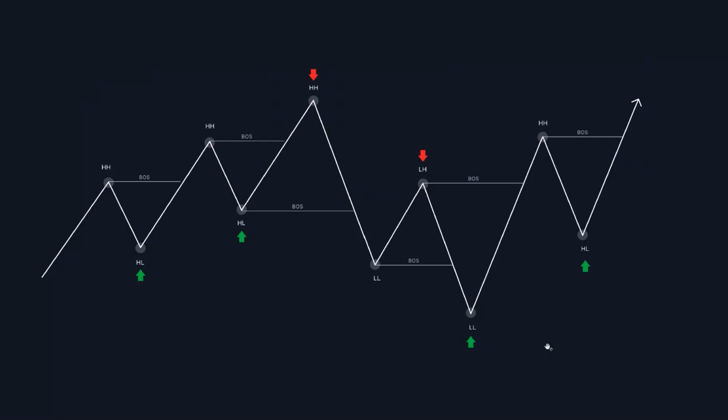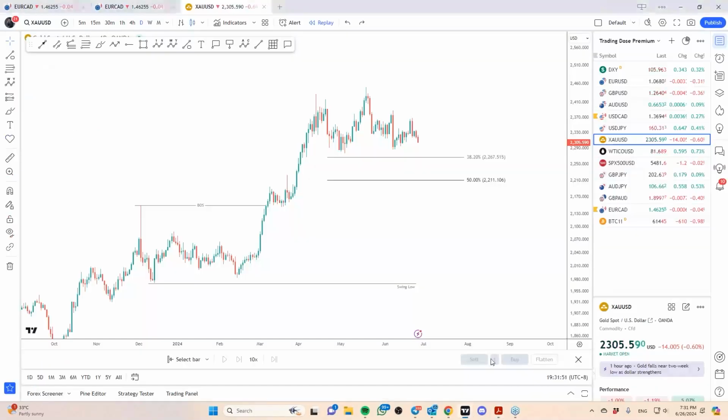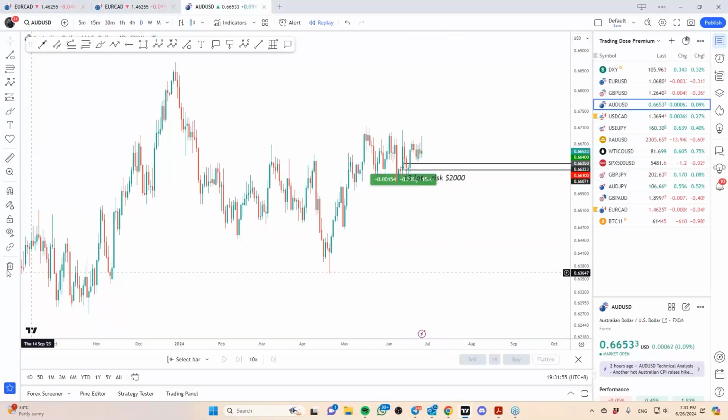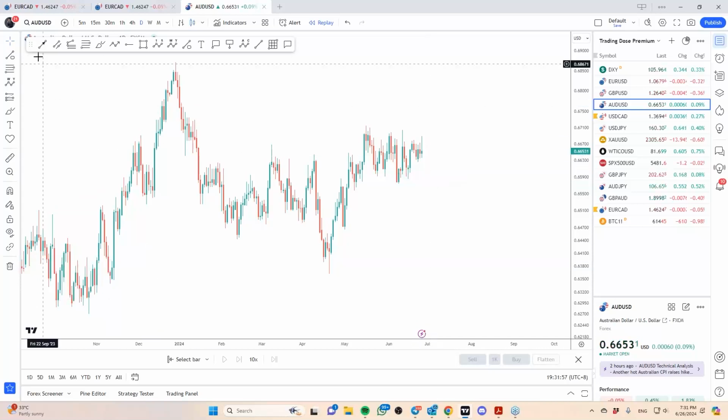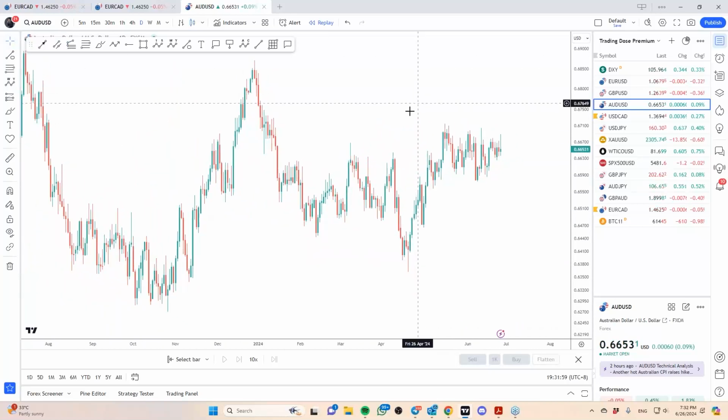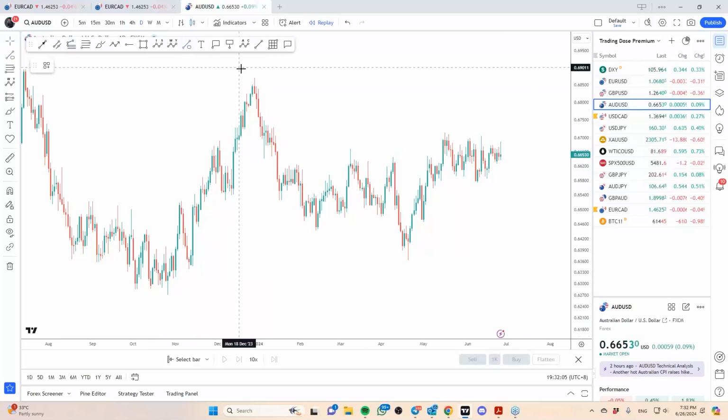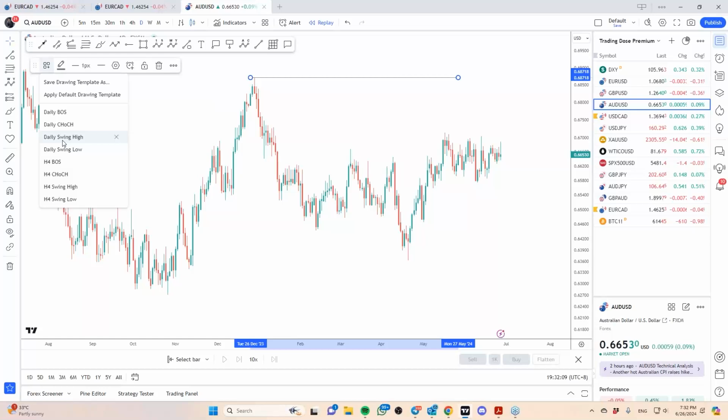So if you go over to the charts itself, I'll just take an example of this. Over here you can see Aussie dollar, just to give you an example, on the daily scale. Now if you're going to work it out, I'm going to pick up from the most obvious point first. This would be our initial swing high.